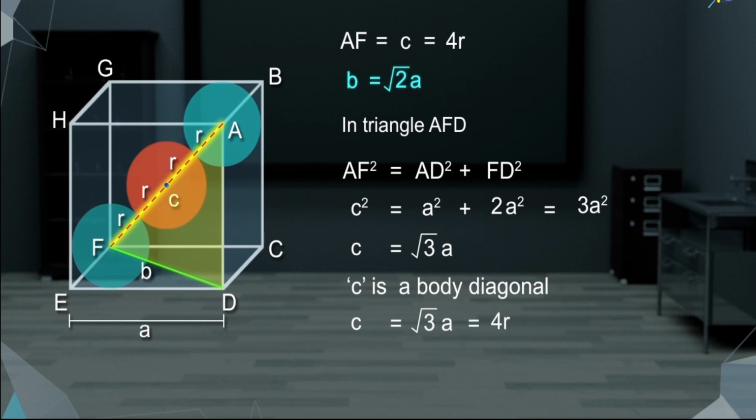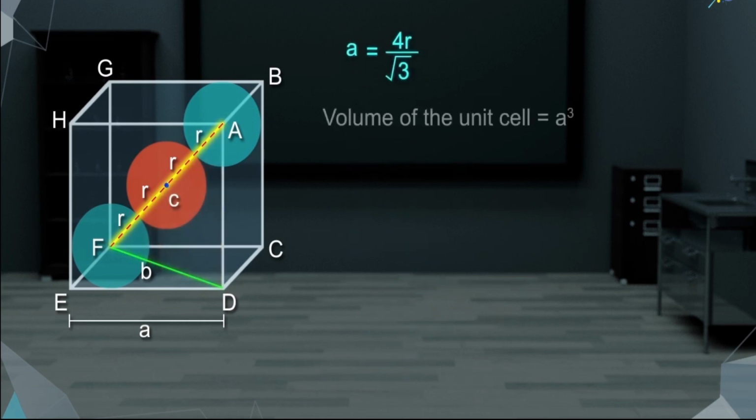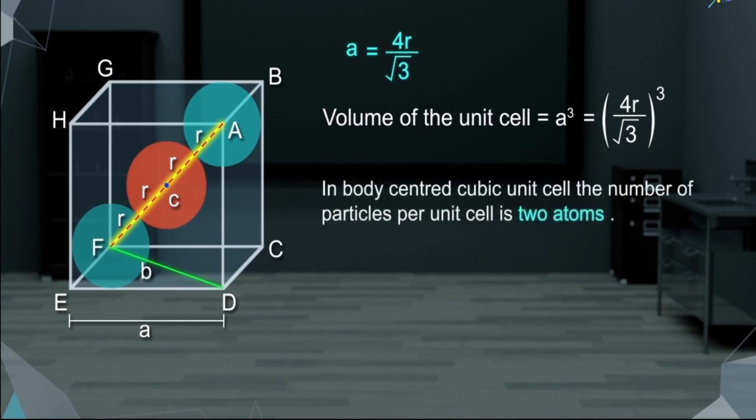We will put the value of √3 A equal to 4R. From here A is equal to 4R divided by √3. Now the volume of the unit cell, we know, is A³, which is equal to (4R/√3)³. In a body-centered cubic unit cell, the number of particles per unit cell is 2 atoms, that is the rank.